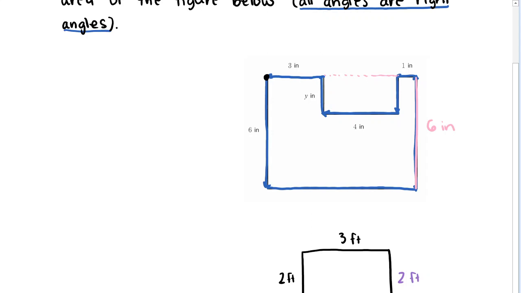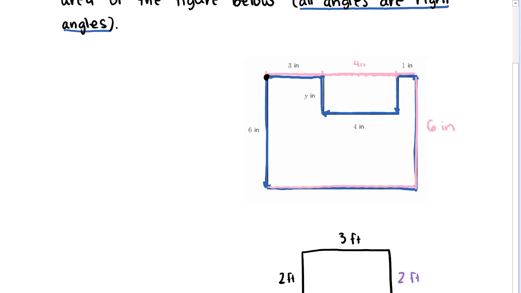And then, notice that this side is opposite this side. And so if we know the measurement of the top side, we would know the measurement of the bottom side as well. Well here, this side consists of 3 inches, 4 inches, right?